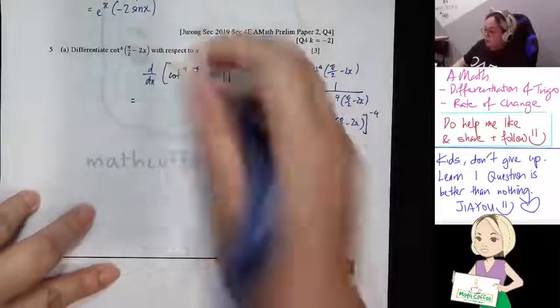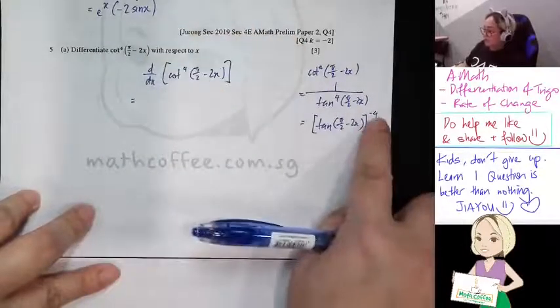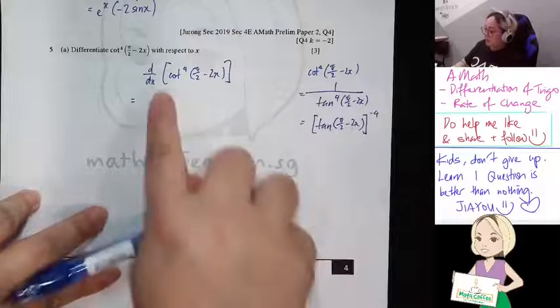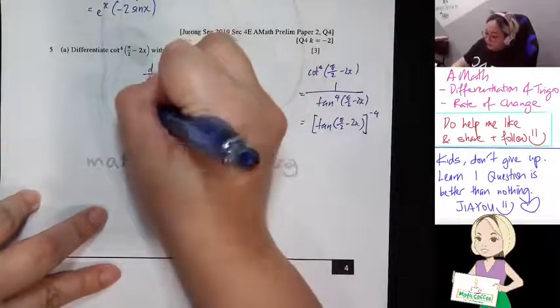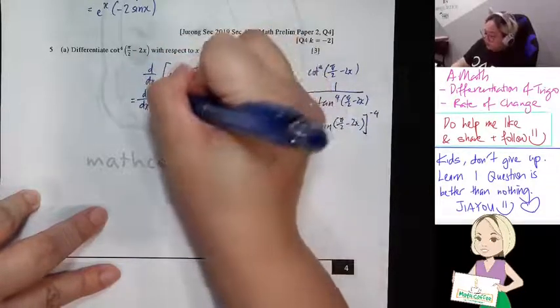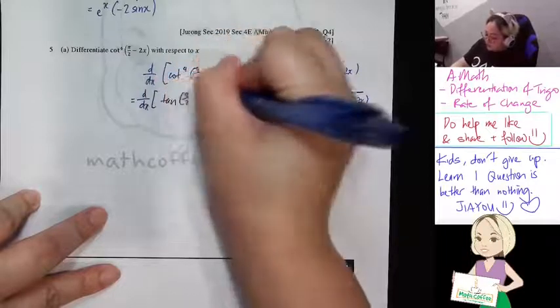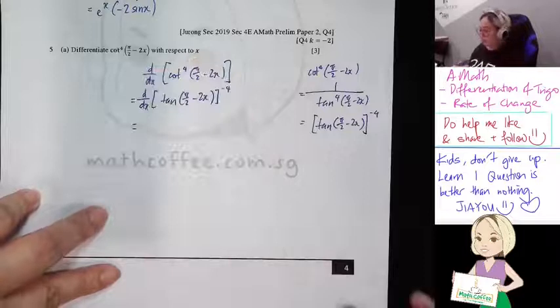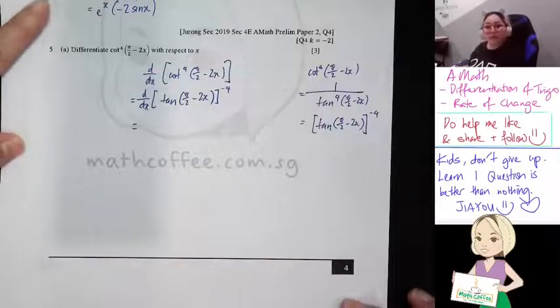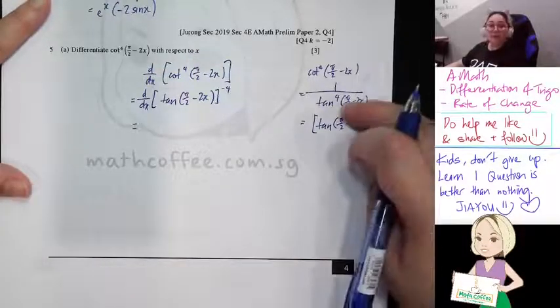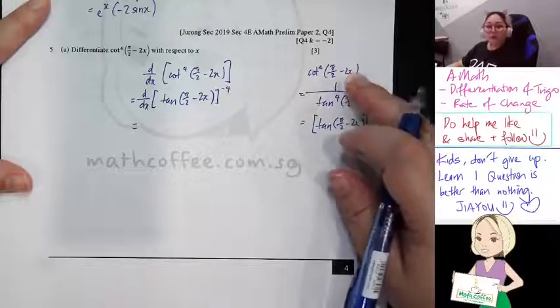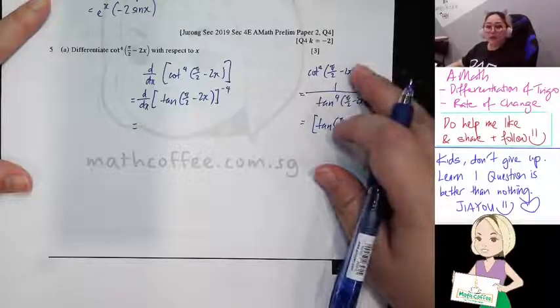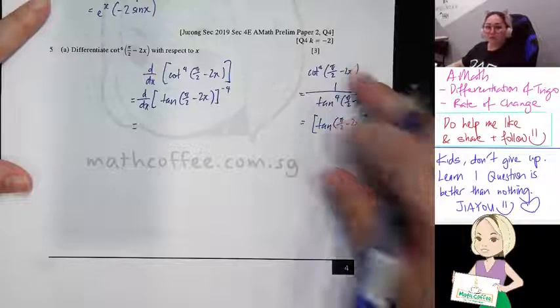Differentiating this is simply bring down the power. So I write that I change this to tangent of pi over 2 minus 2x to the power of negative 4, because it's at the denominator. When you bring it up, the power becomes negative 4.